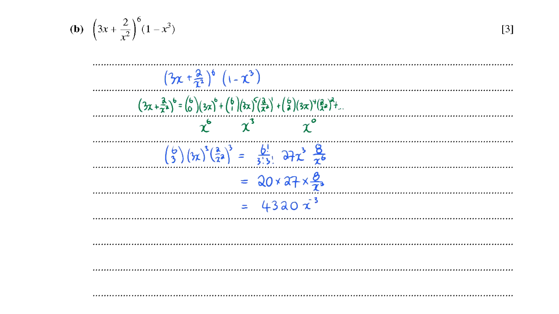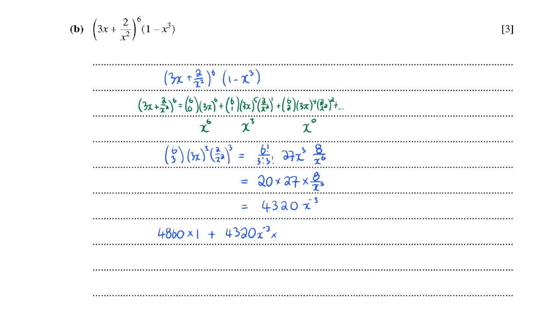Okay, so the expansion that we're interested in is when we take all the terms, well, it's just 2 terms, which are going to be 4860 from our previous expansion multiplied by the 1 on the 1 minus x cubed, and we're going to add to it the other term, which is 4320 x to the -3.